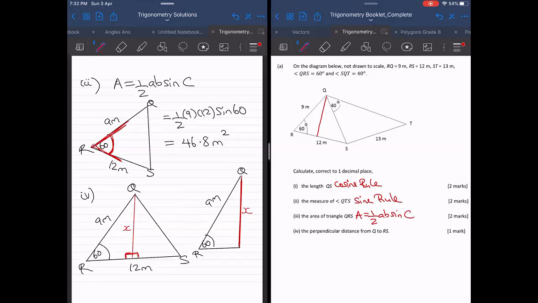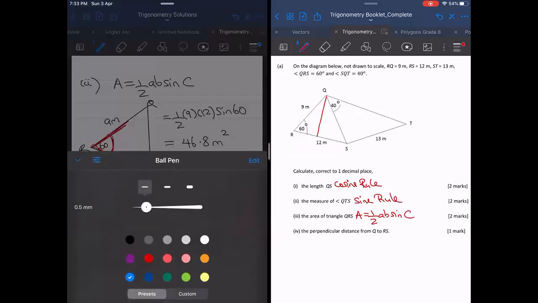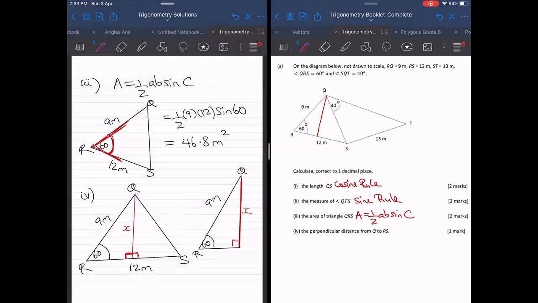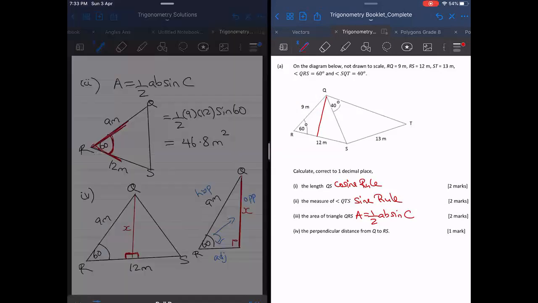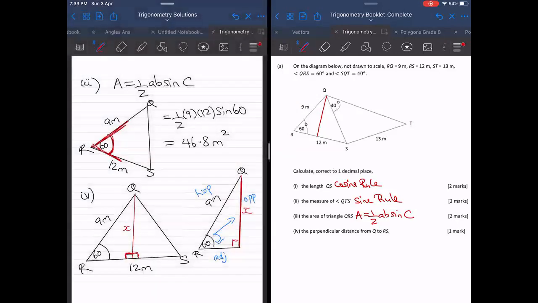So you would say to yourself, okay, I'm going to put in the right angle. This is the hypotenuse. This is the opposite. This is the adjacent. So the two sides we're working with are the hypotenuse and the opposite.